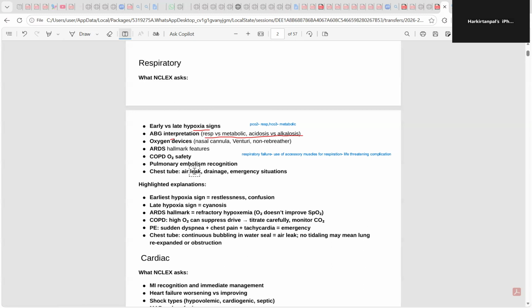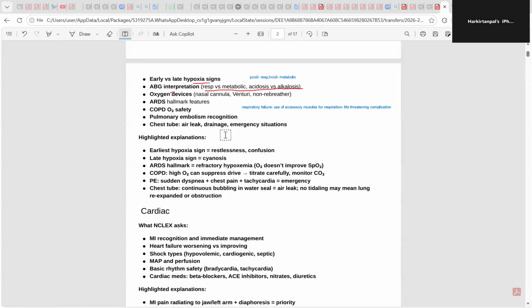Fluctuation of the water level is normal, but if there is continuous bubbling, that indicates an air leakage. Clear? So these are the important points related to the respiratory system. So, what are the earliest signs of hypoxia? Restlessness and confusion.